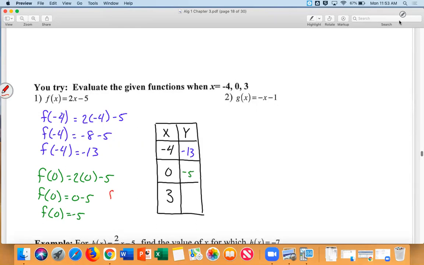Go to 3 on your table. Do you get 1? We're looking at the points for negative 4, 0, and 3. Do you get those 3: negative 13, negative 5, and 1? Annie, did you get those 3 points on your calculator?